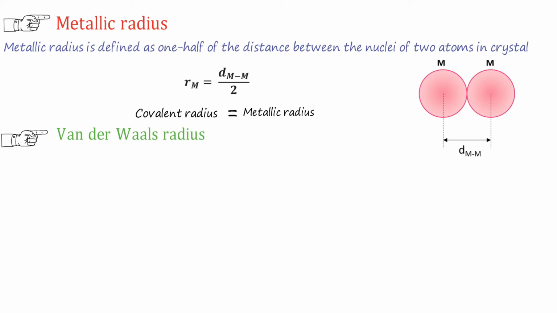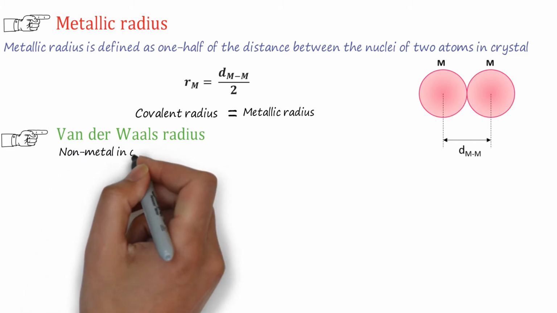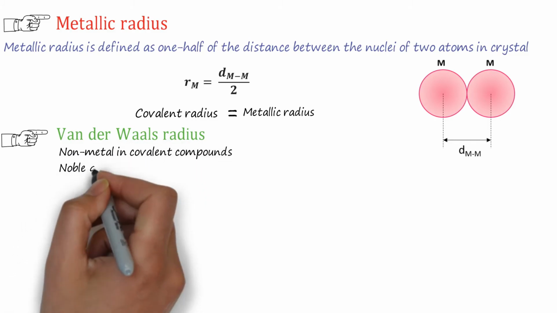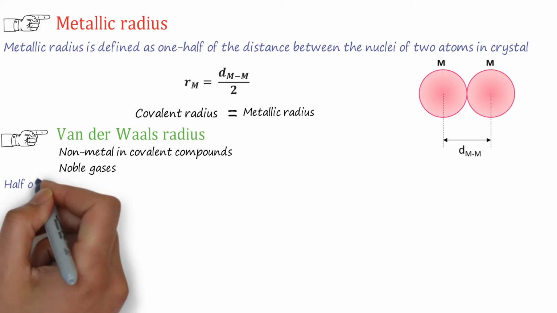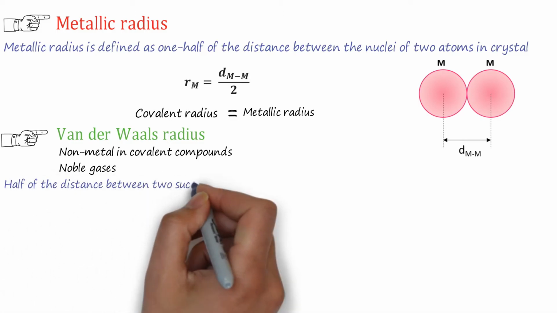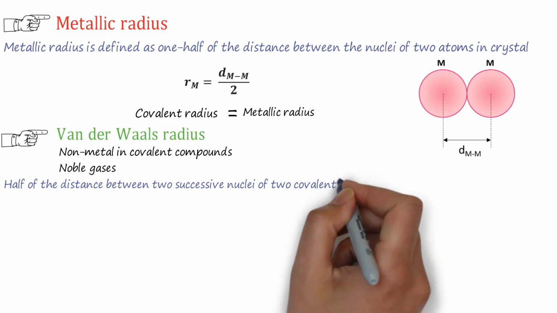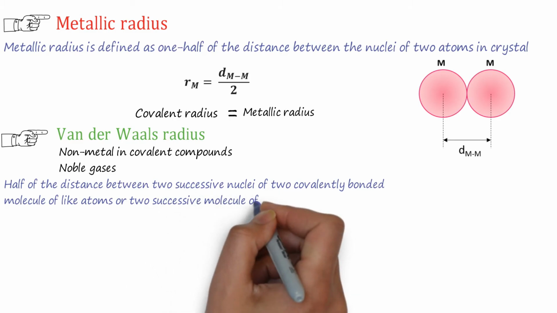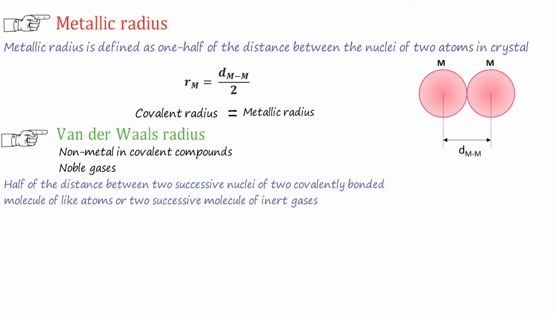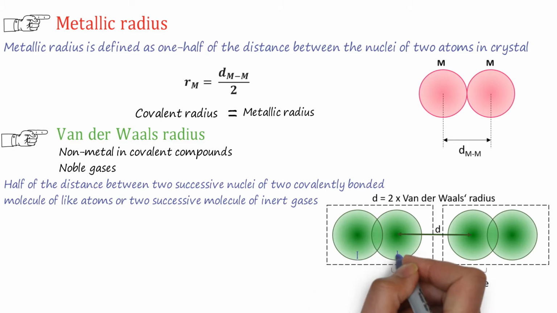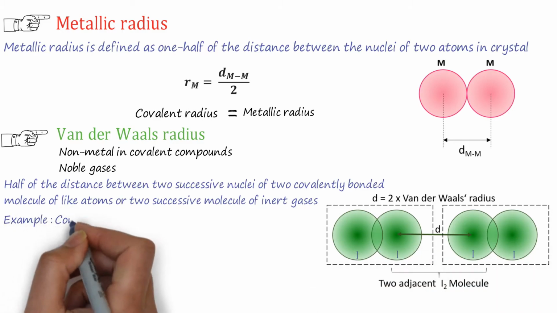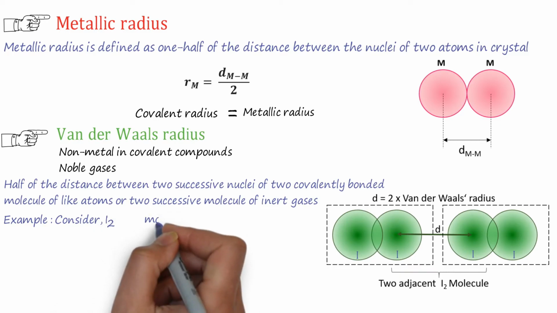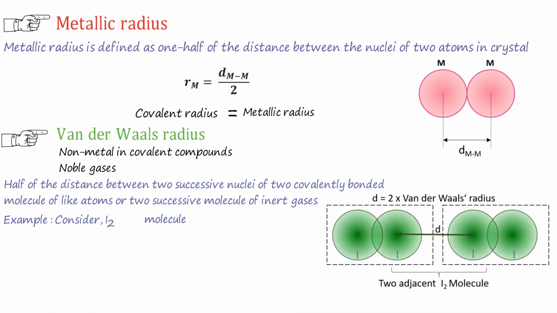Now, let us see what the van der Waals radius is. The term van der Waals radius is used for non-metals in covalent compounds and noble gases. It is defined as half of the distance between two successive nuclei of two covalently bonded molecules of like atoms or two successive atoms of an inert gas. In the figure, two iodine molecules have been shown. One iodine atom feels a long-range interaction with iodine atoms of the other neighboring iodine molecule.